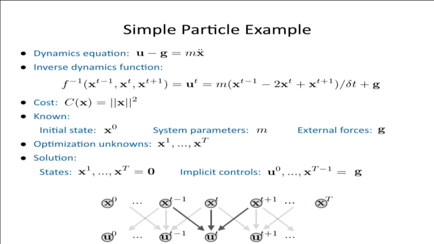Basically I'm free to apply the controls that totally negate the gravitational field that is externally being applied to me. So that's to give you a rundown of how you would end up solving the direct collocation, what the unknowns are and what the quantities involved are.